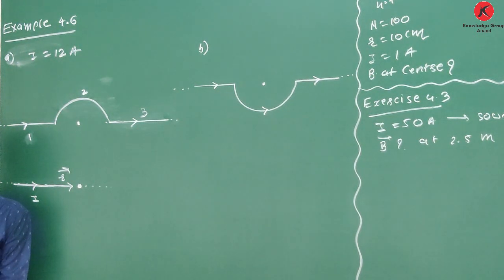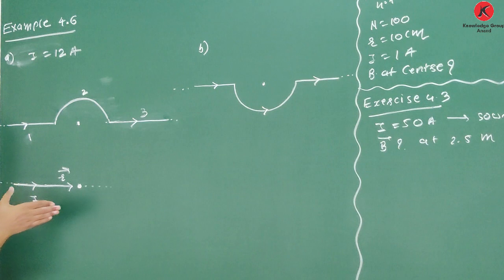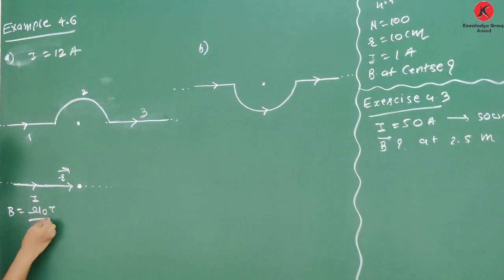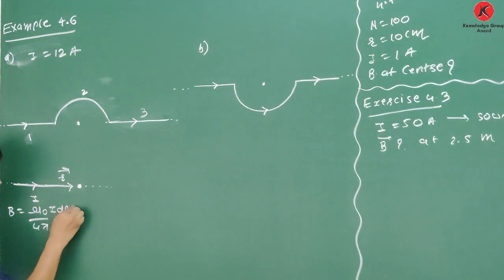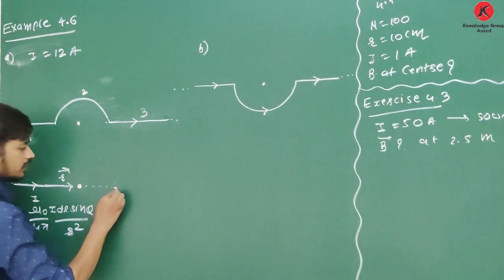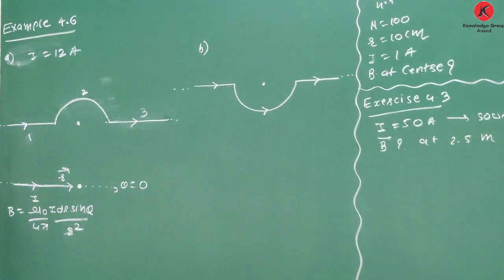B is equal to mu 0 upon 4 pi I dl cross R. Here, I dl and R are in the same direction. Or if you know the equation, B is equal to mu 0 upon 4 pi I dl sin theta upon R square. If I dl and R are in the same direction, then angle theta will be 0. So yes, the magnetic field is 0. So yes, you have to remember, if a point lies on the axis, then the magnetic field is 0.